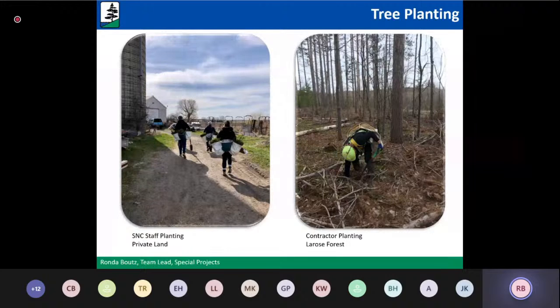We also do survival assessments on the year 2 and year 5 tree planting. I haven't seen the numbers. There was one species, which I'm not sure if it was a hardwood or a softwood, that didn't do so well because of the drought. But overall, I think most of the sites were okay.